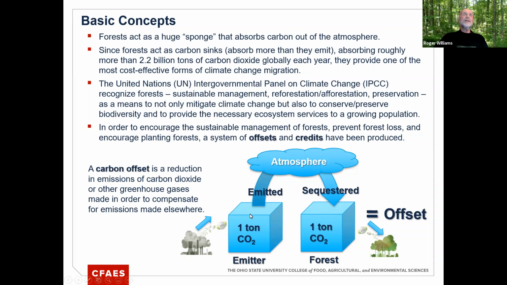Being able to measure both of these, that you have emitted a ton and now you have sequestered a ton, in essence creates an offset. So for a ton of carbon dioxide that you've emitted, over here you have recaptured that ton. So you have offset that. That creates a carbon offset.